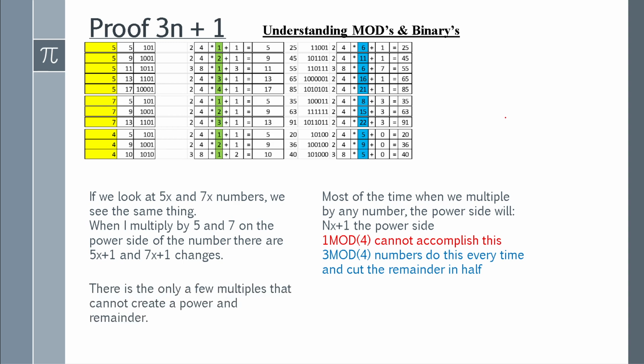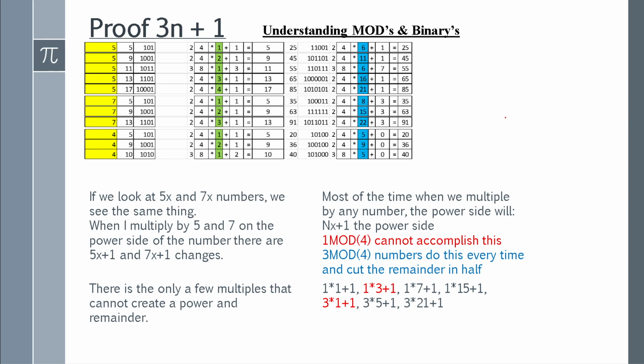So the only numbers that cannot create a power and a remainder are these. So when I multiply 1 times 1 plus 1 is 2, 4, 8, 16, and then the numbers 3.